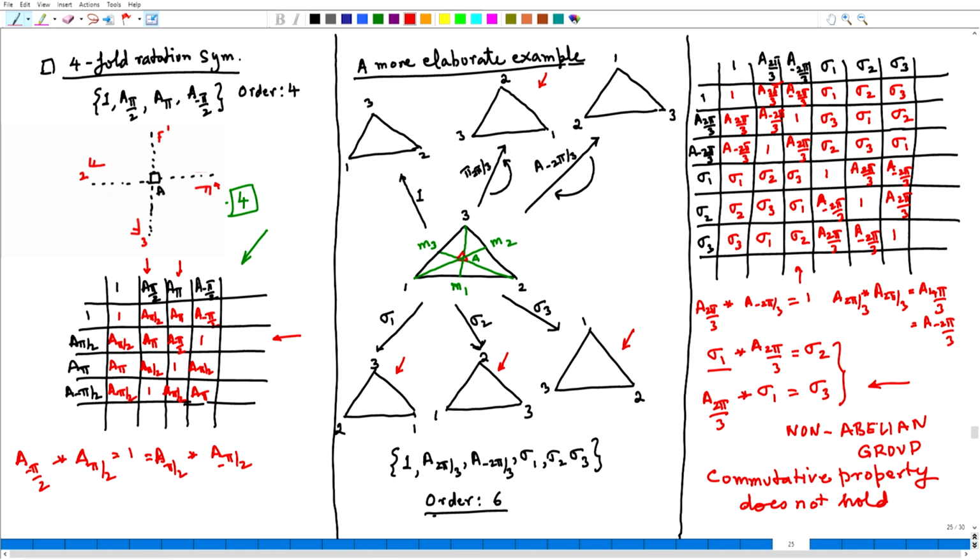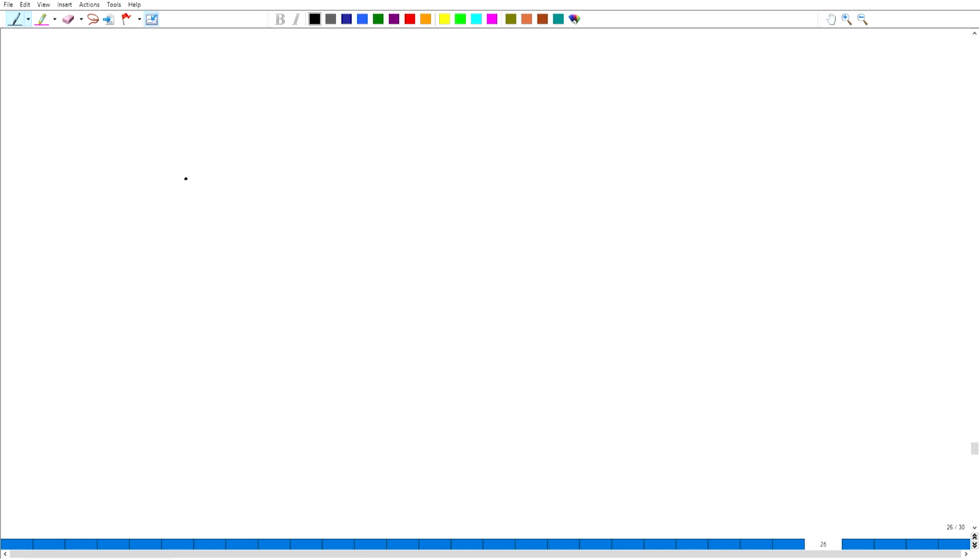Now, just before I conclude this lecture, let me geometrically, the way we have been using the asymmetric object, depict this group. So, I have a threefold rotational symmetry and I have three mirror planes, M1, M2, M3.